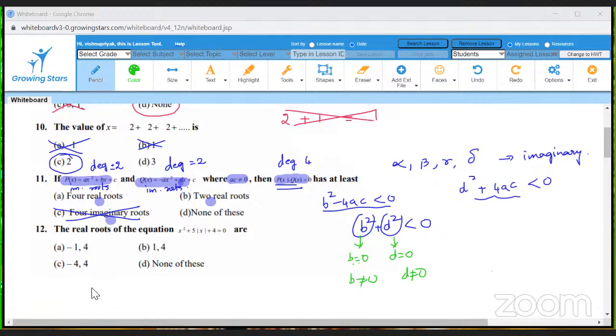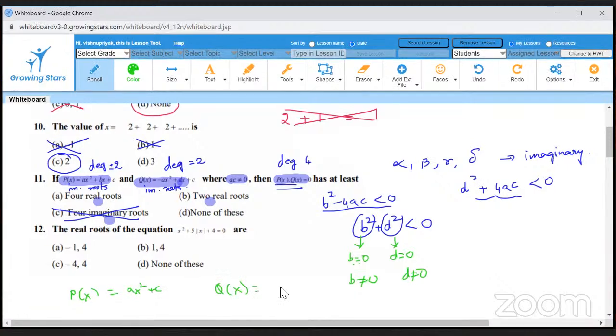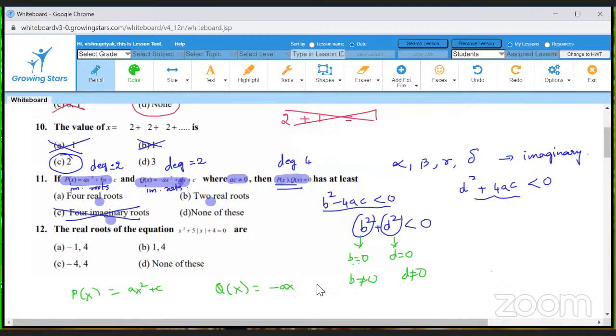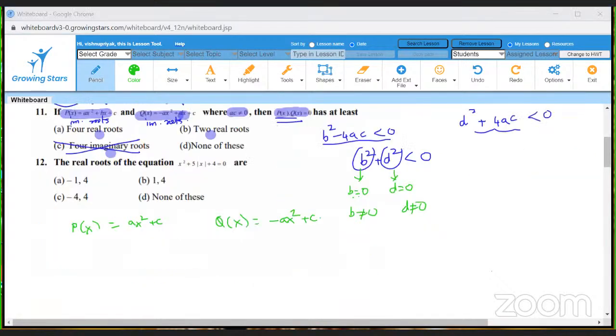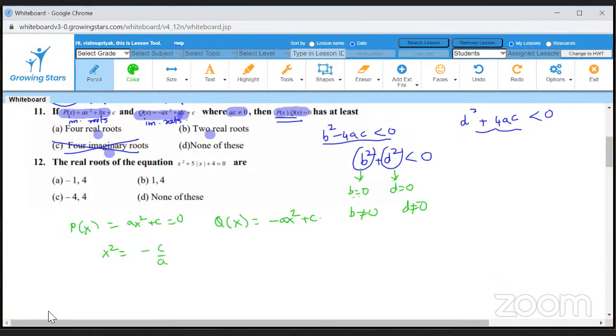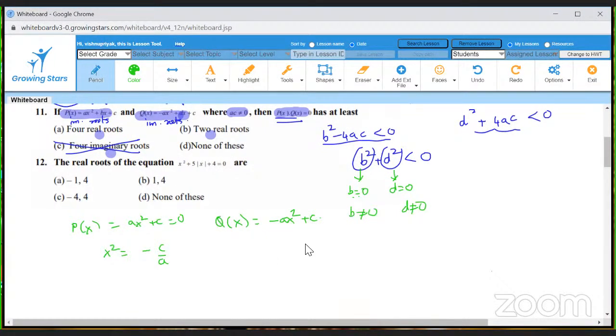Then P of X will become AX square plus C. Q of X will become minus AX square plus C. Suppose B and D are 0. Then what will happen? What will be X square here when you set it equal to 0? Minus C by A. What will be X square here?